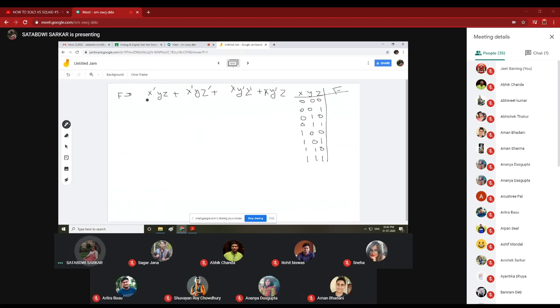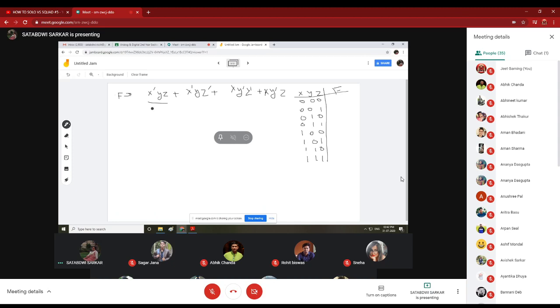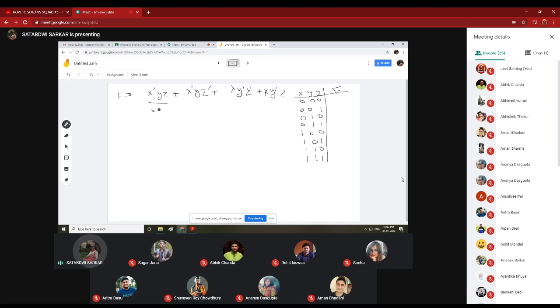Now what we'll do? See the value of this function, this SOP part. So you know SOP, that is sum of product form. X bar means 0, y means 1, z means 1. So 0 1 1 is the value of this function. So where is 0 1 1? This position.